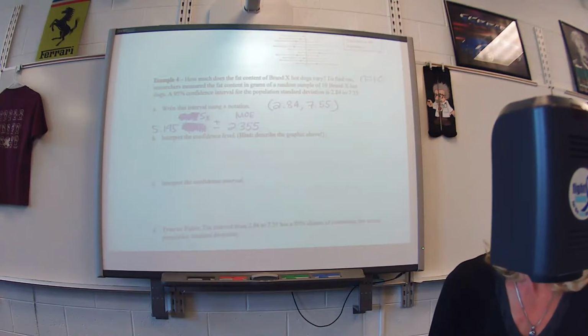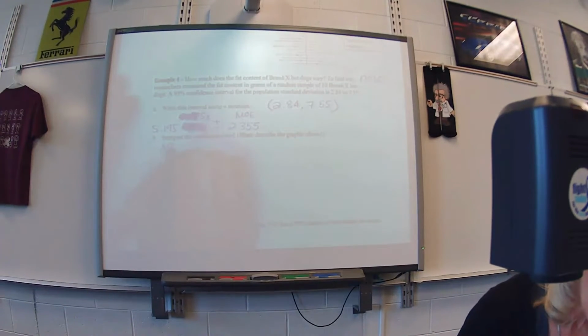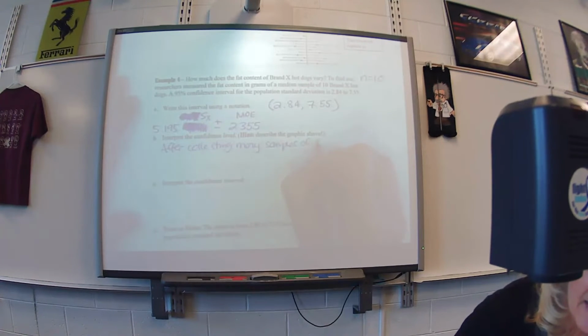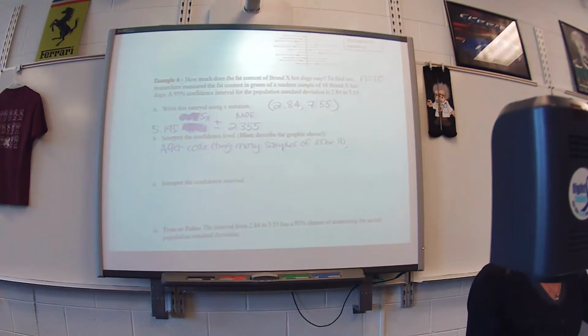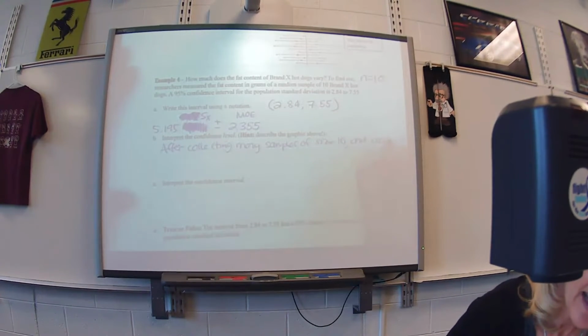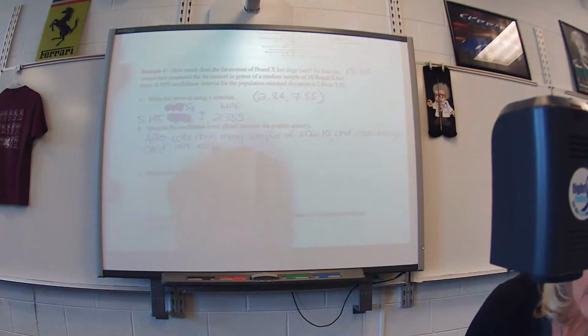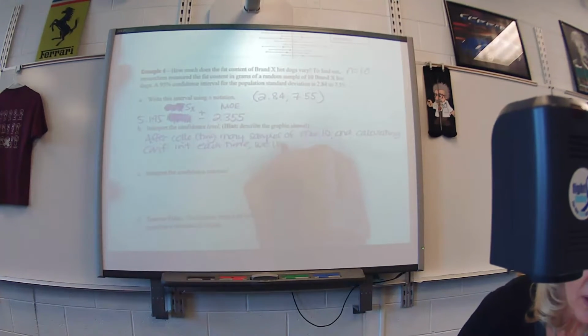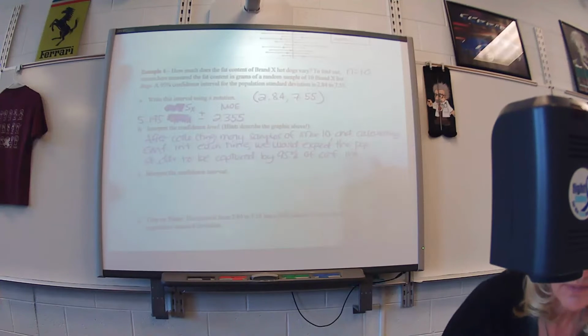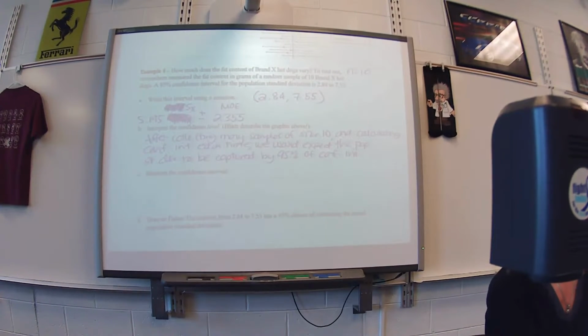So for a confidence level, all you have to do is say: after collecting many samples of size 10, because it's still all related to the n size, and constructing confidence intervals each time, we would expect the population standard deviation to be captured by 95% of the confidence intervals. It's very generic other than the n size.